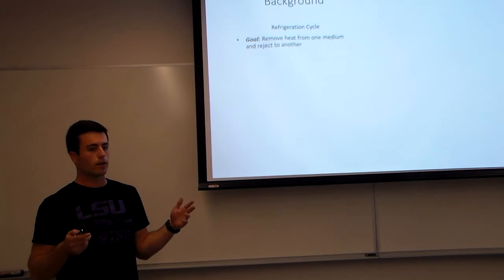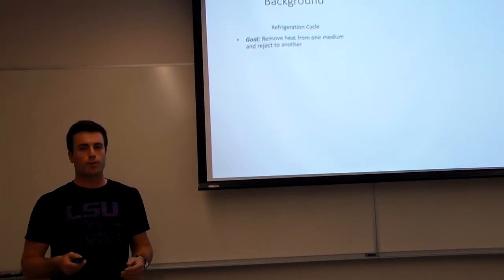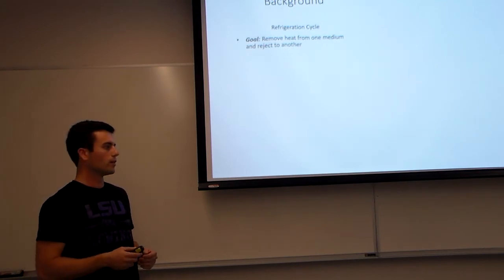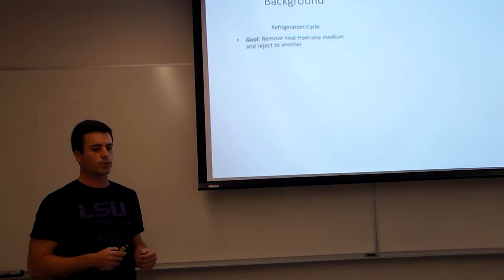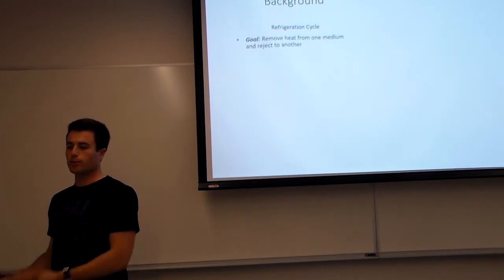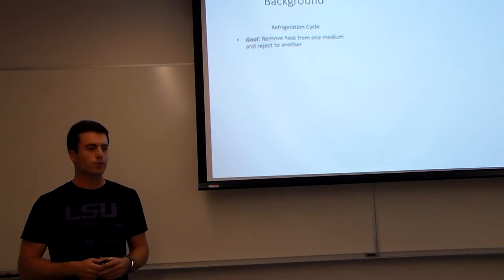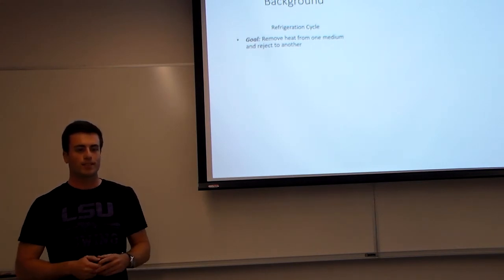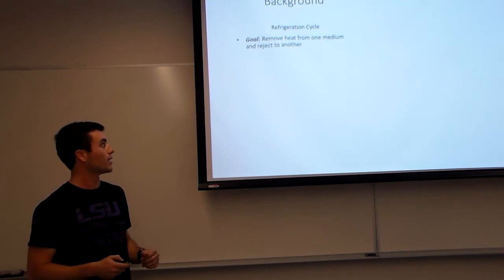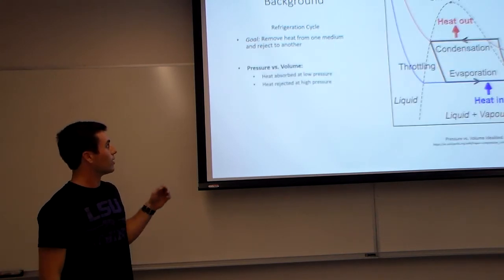So, background, refrigeration cycle, why is it important? Why do we care about it? Well, it's great because it allows us to move heat from a low temperature reservoir to a high temperature reservoir. It's why we're nice and cool in this room and not burning up like we would be outside in Louisiana. So here we have a quick idealized PV chart.